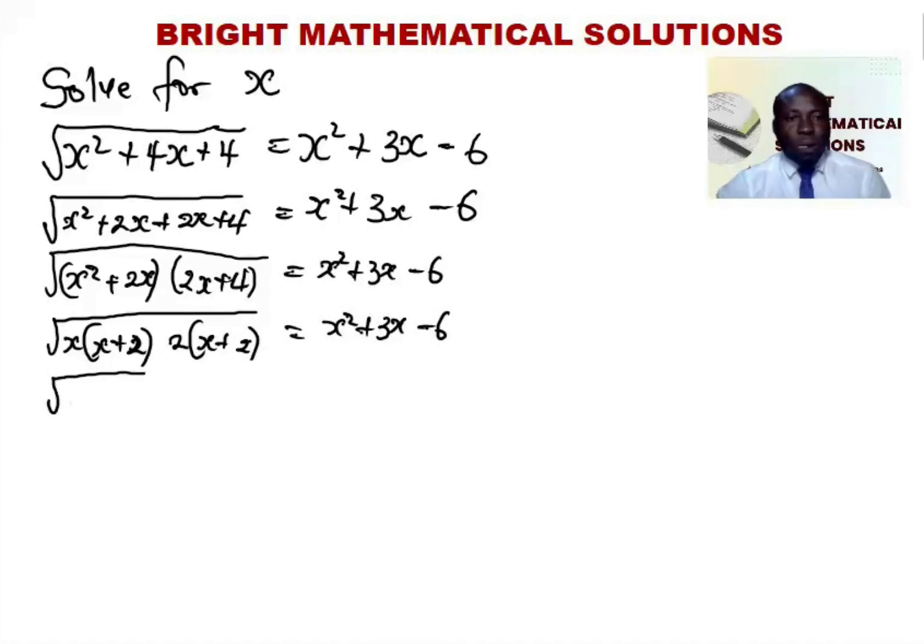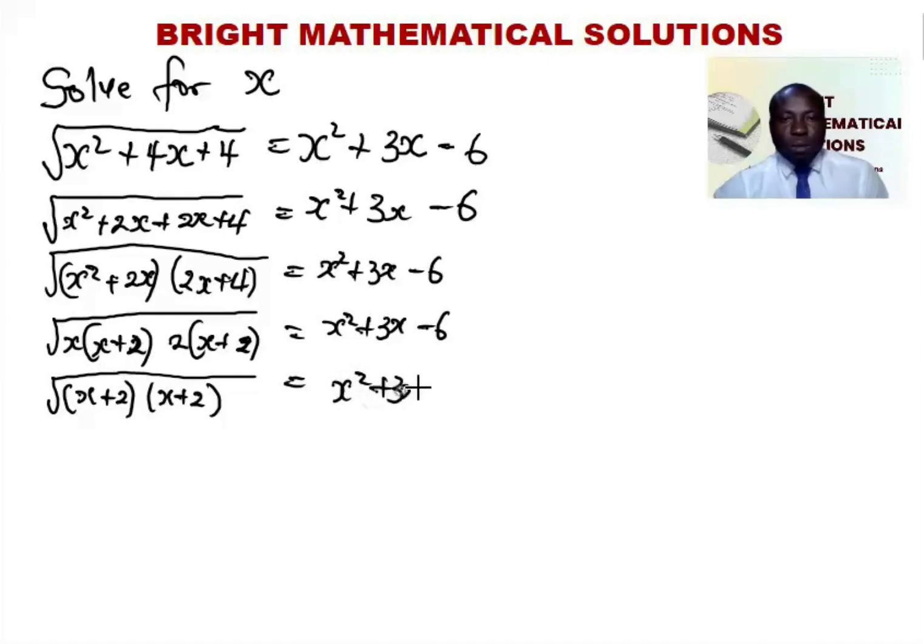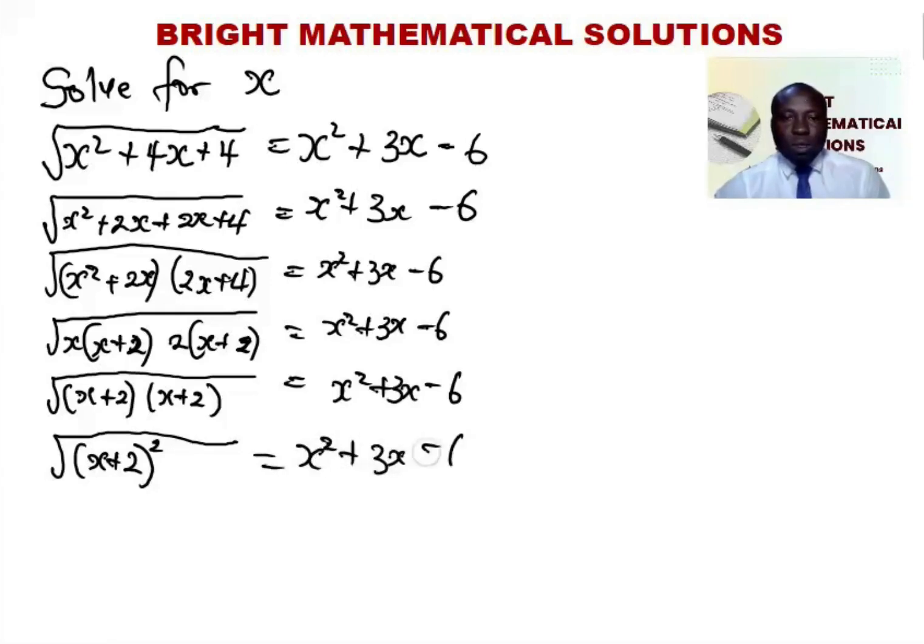Since x plus 2 is common to the two, let us bring the coefficients out. If we multiply this, we get this back. Since this is a factor of two squares, we can write this as x plus 2 all raised to power 2 equals x squared plus 3x minus 6.